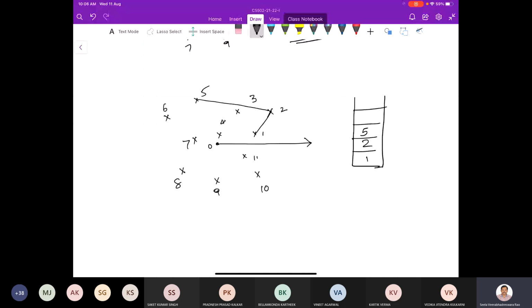Now look at 6. 2, 5, 6 is making a left turn. We push 6 onto the stack. Similarly 5, 6, 7 is making a left turn, push 7 onto the stack. And 6, 7, 8 is making a right turn, so 7 can't be on this hull. You pop the 7 from the stack.